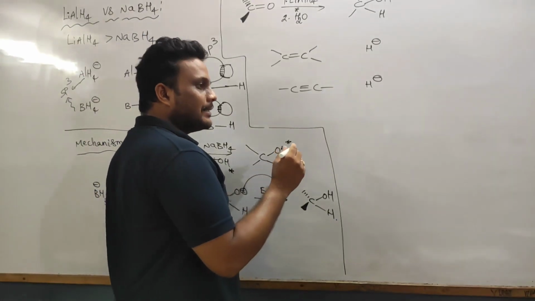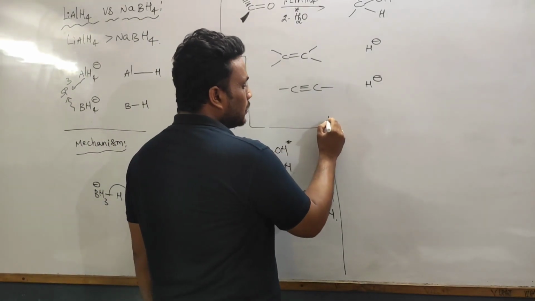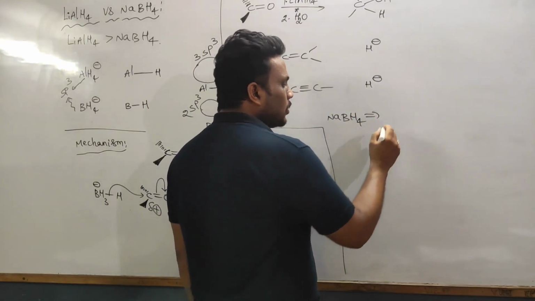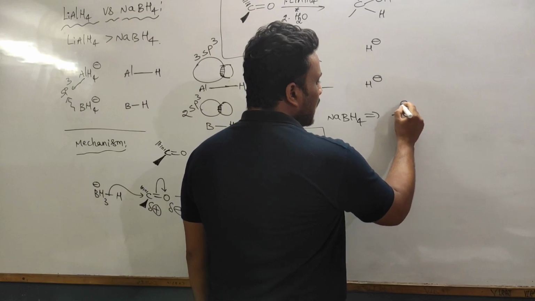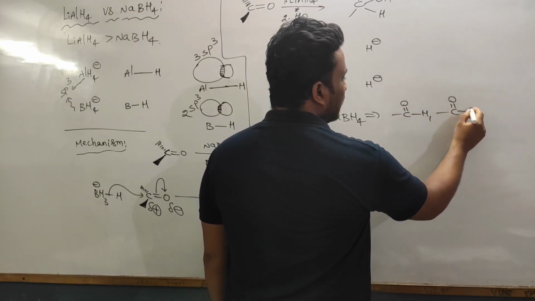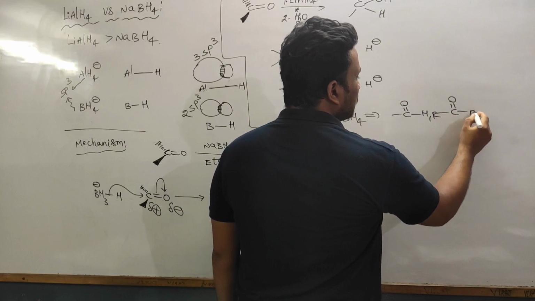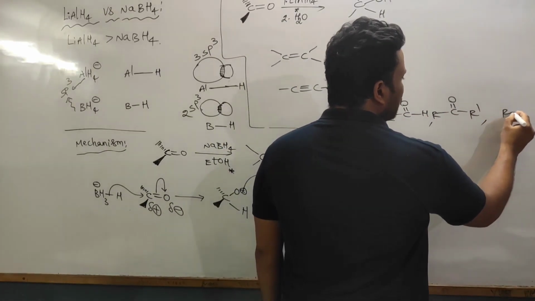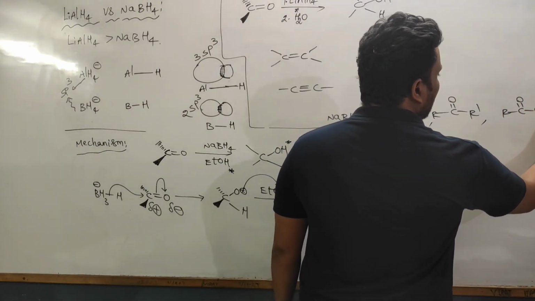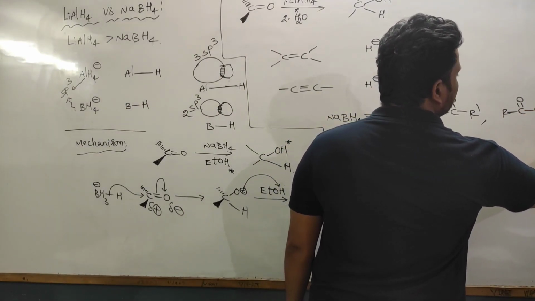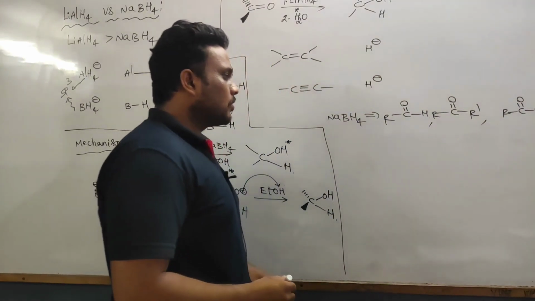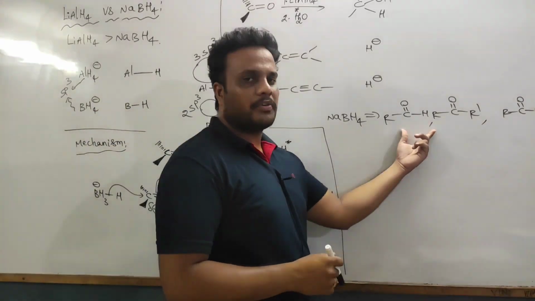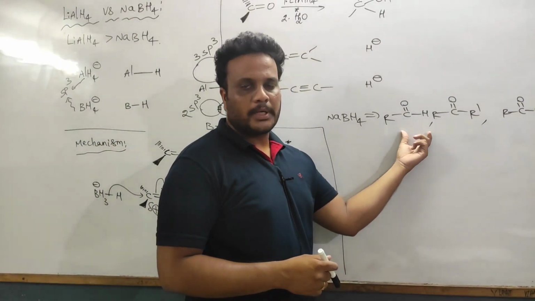But sodium borohydride is highly selective. Because of its weak reducing nature, it reduces only some particular functional groups: aldehyde to primary alcohol, ketones, acid chlorides, and imines. Only these functional groups can be reduced by sodium borohydride, but the aldehydes and ketones are very famous, given in NCERT and for competitive exams also.